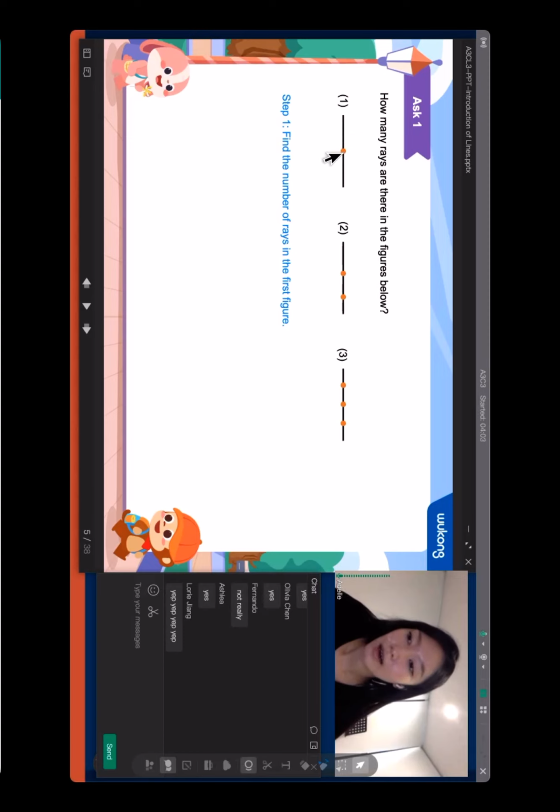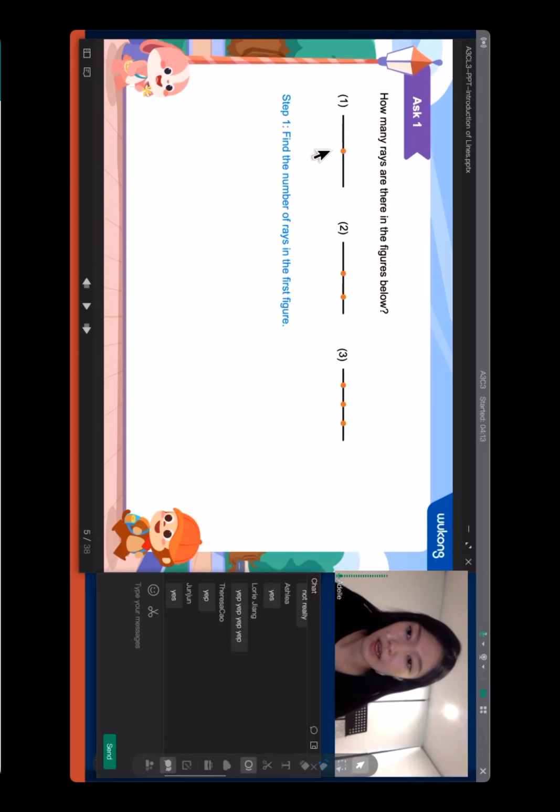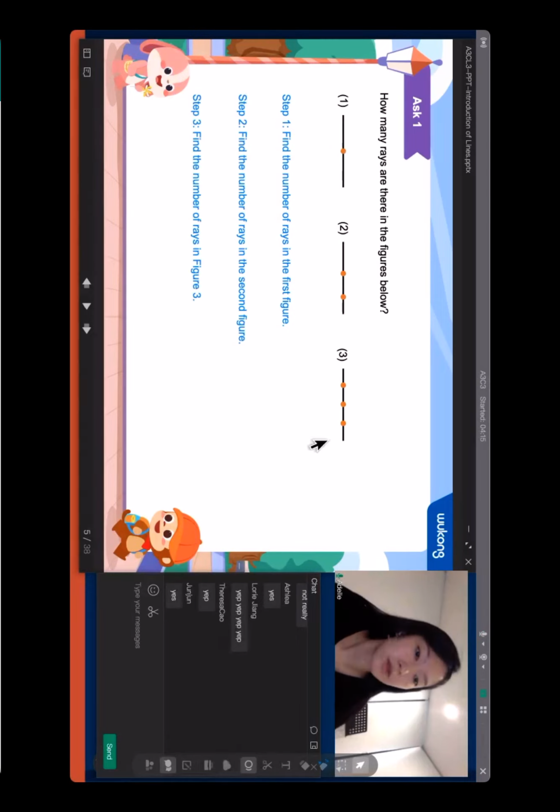And then we could have a line extend from this endpoint towards the left direction. So let me just bring up my pen. We could have it starting from the endpoint towards the left, or we could have it towards the right. So how many rays do we see in the first figure? 2.